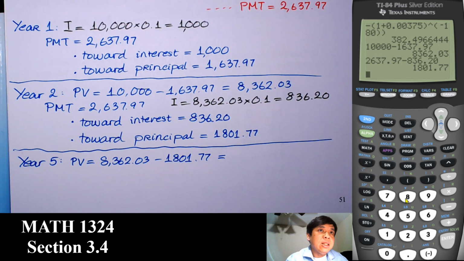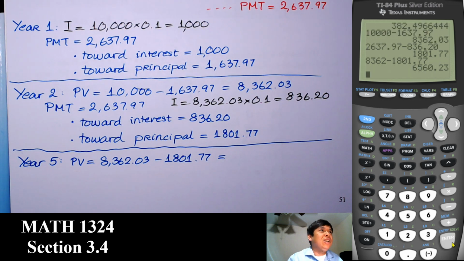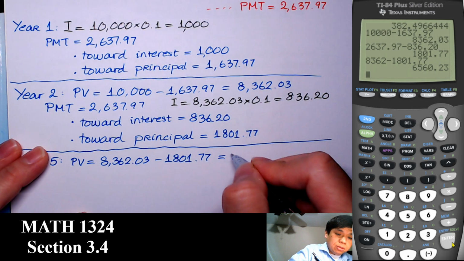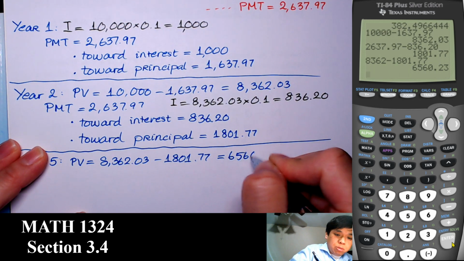So we have 8362 minus that. We can still do that. If not, then you just have to enter the number again. So you have 6,560.23.